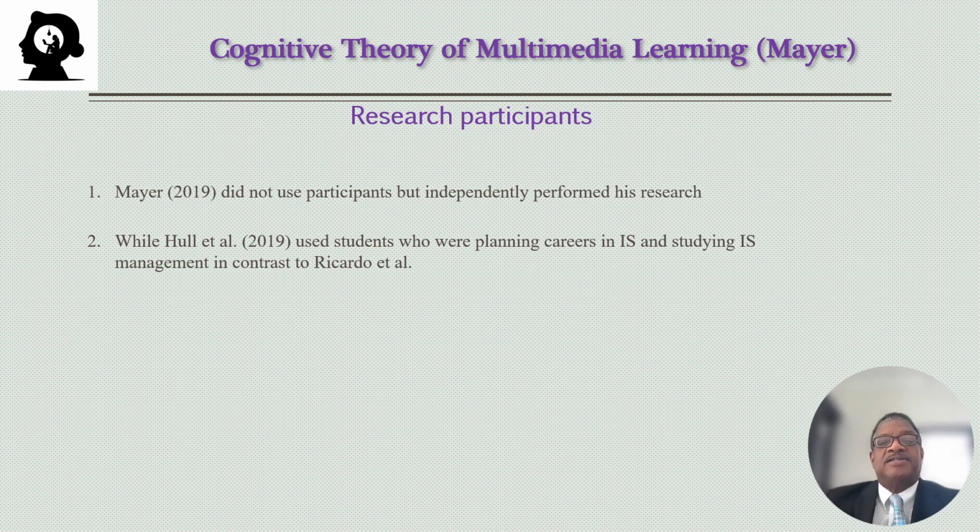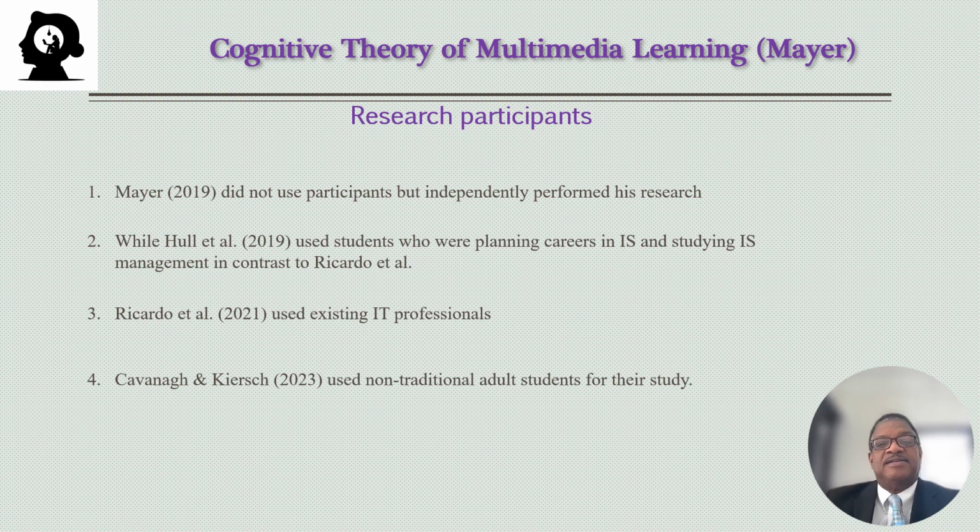While Hull and his team used students who were planning careers in IS and studying IS management, in contrast to Ricardo and his team, who used existing IT professionals. And Kavanaugh and Kirsch used non-traditional adult students for their study. So you can see there's a mixture, and there's some likeness, but there's a variety of participants participating in these tests, in these studies.